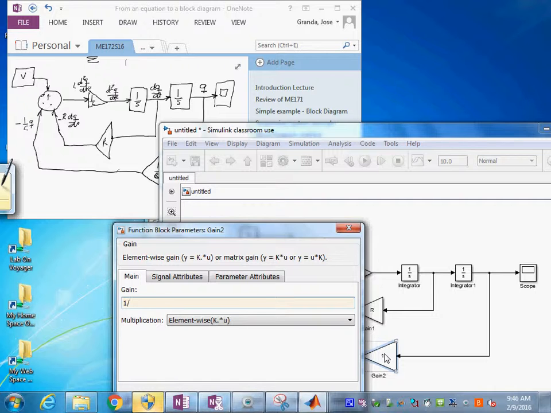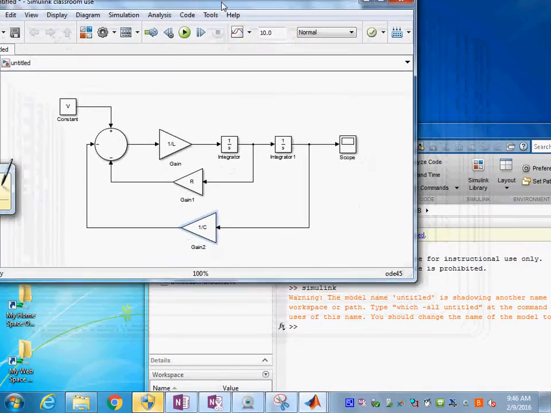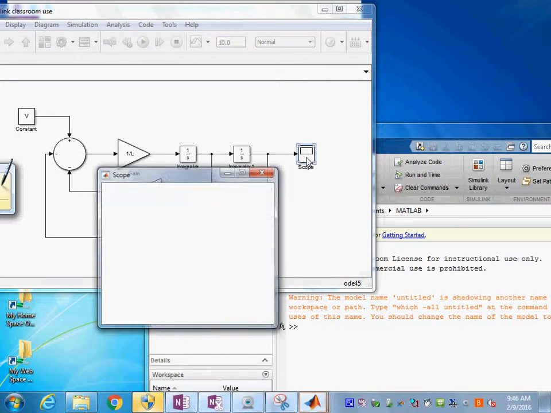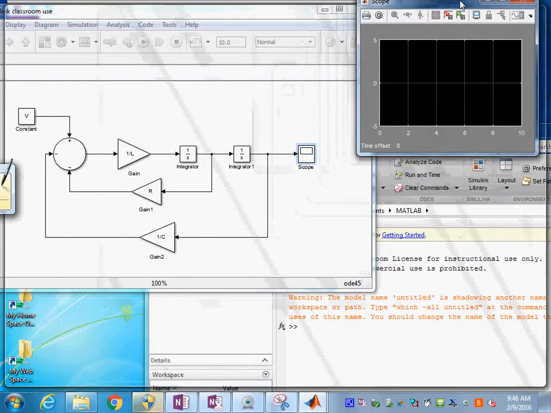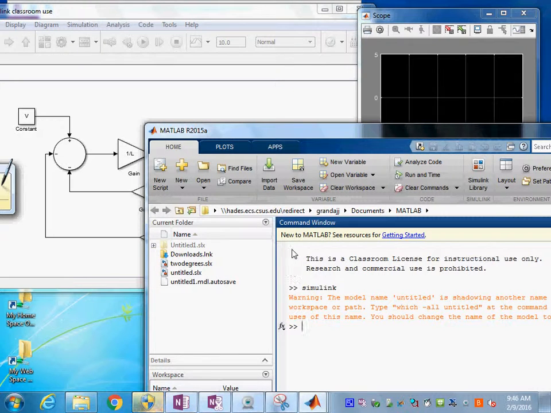B was 0.5, right? No, B was 1. No, the voltage input is 1/2. It's equal to 1/2. And then R I think was 0.5. Yeah. And then C was 1 and L was 1. Yeah.